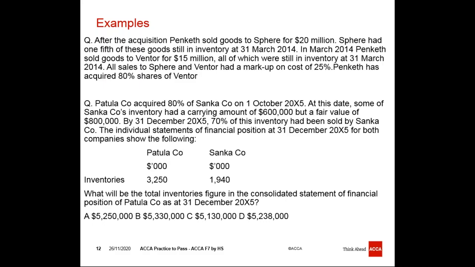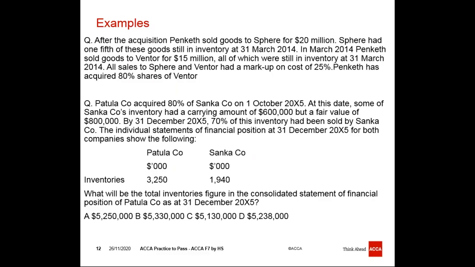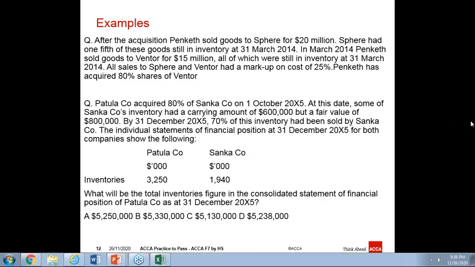So please try to adjust this one and then do this question. Yes, the second sale is to the associate. Now, P acquired 80% of shares of Sphere. Actually, it's not Venter. It's just a typing mistake.